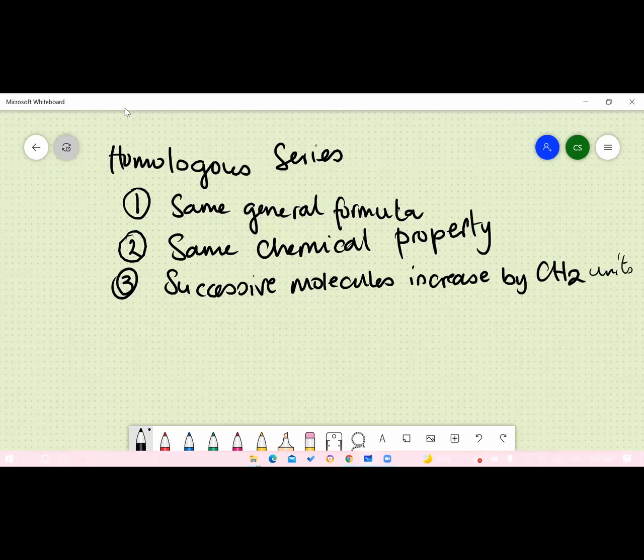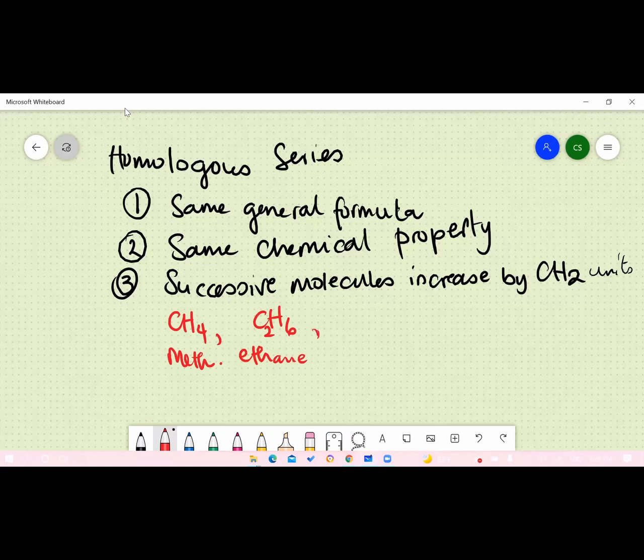What I mean by this, let's use methane, for example, CH4. That's methane. Ethane would be C2H6, right? You add one carbon and two hydrogens.